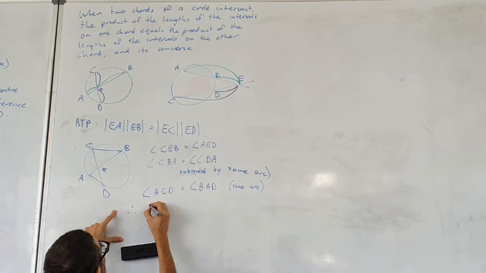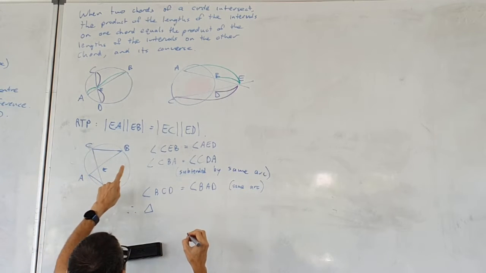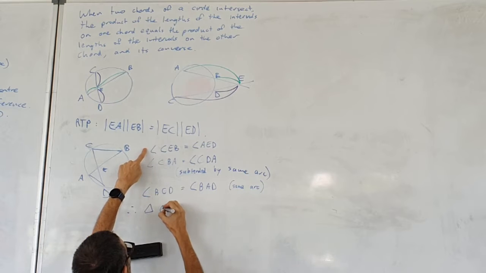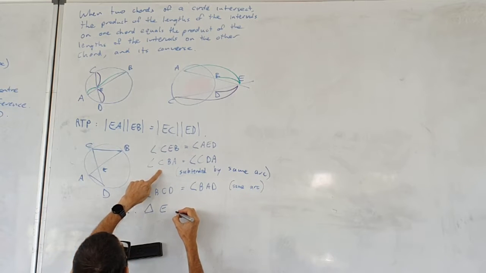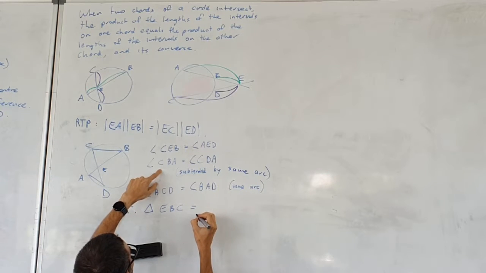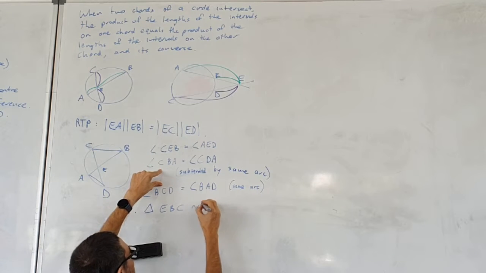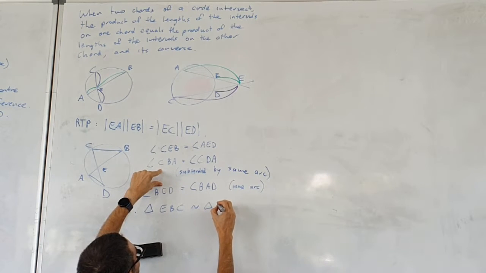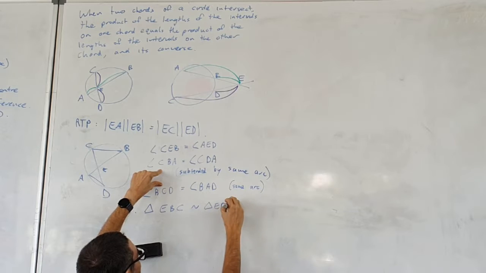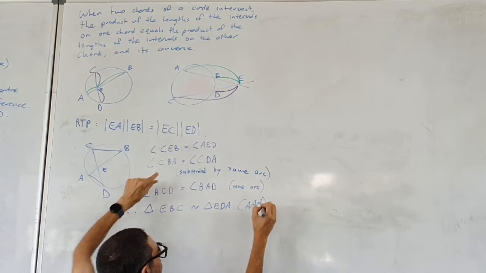Therefore, triangle, got to get the order right, so we'll start with E, B, C is similar to triangle EDA. Angle, angle, angle.